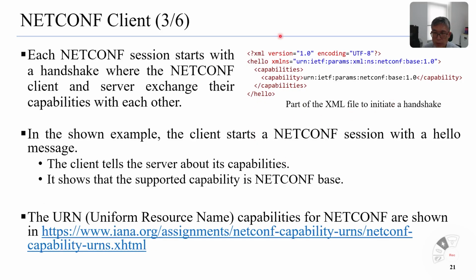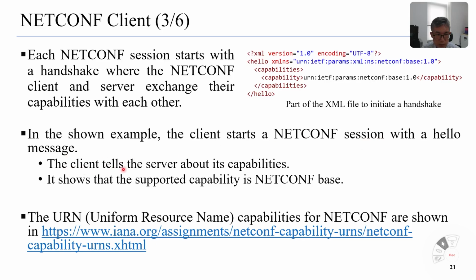The first part is the capability. This is the initialization part, a part of the XML file to initiate the handshake. The hello method is used, and the capabilities are exchanged. In the above example, the client starts a NETCONF session with the hello message.